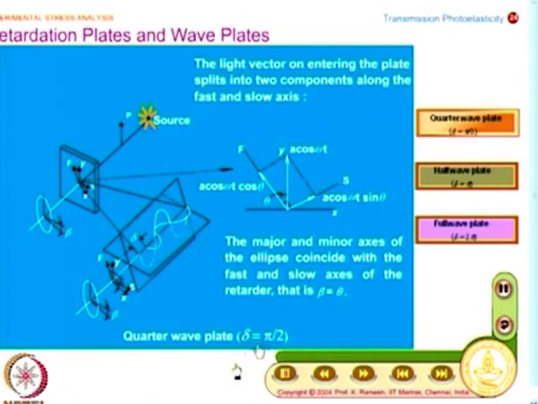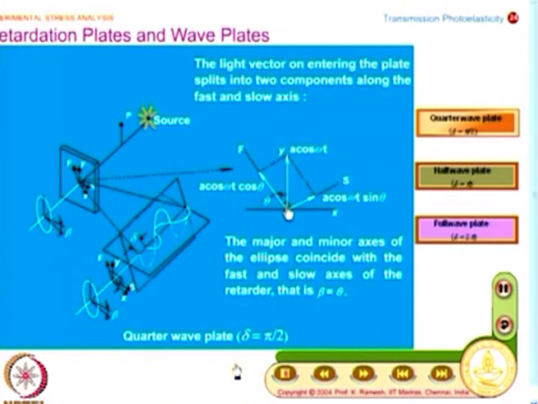And what is the advantage? When delta equals pi by 2, we have already seen from various states of polarization, the major and minor axis of the ellipse coincide with the reference axis. Here it is labeled as fast and slow axis, and essentially the azimuth of the ellipse is 0 if I have this as horizontal.